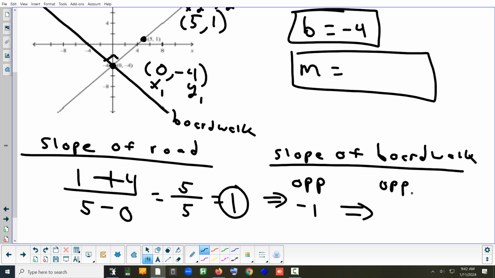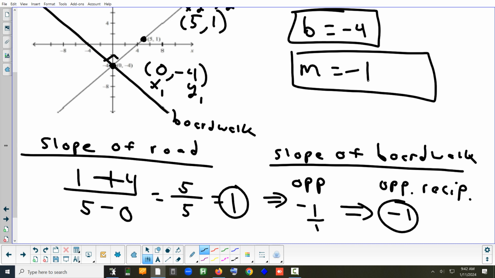And what's the opposite reciprocal? What do you get if you flip -1? -1 over 1. Yeah, it stays the same, because -1 you could think of as -1 over 1. If you flip it, it becomes 1 over -1. That's the same thing. So when you flip that, there's no change. So that is the slope of the boardwalk, and that's the slope that we wanted.